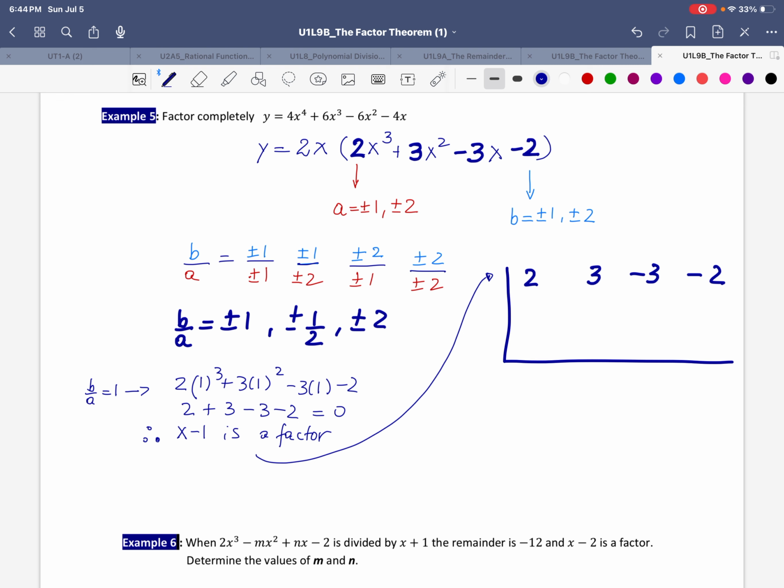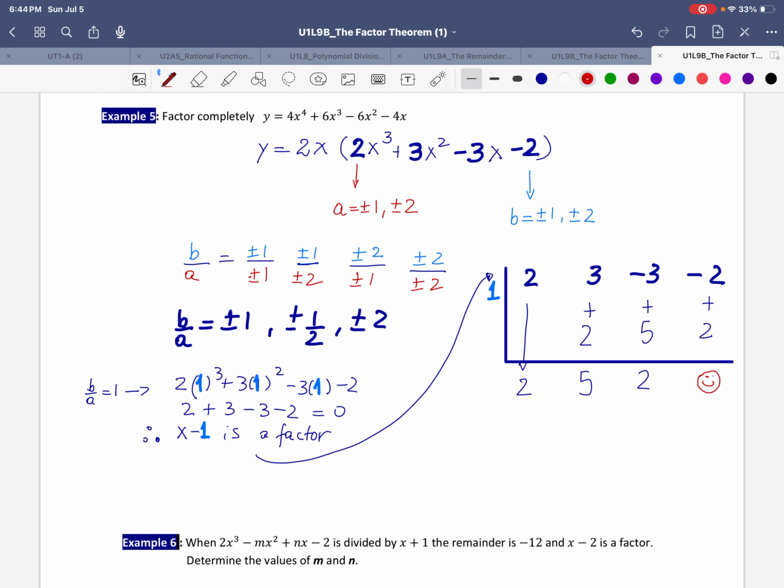We're drawing this half rectangle, bring 1 down here, and that is going to be this number 1 here. And we'll start dividing. Bring 2 down. 2 times 1 is 2, 3 plus 2 is 5. 5 times 1 is 5, negative 3 plus 5 is positive 2, 2 times 1 is 2, negative 2 plus 2 equals 0.